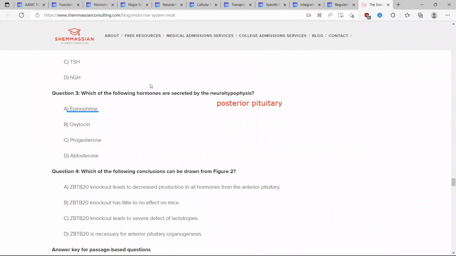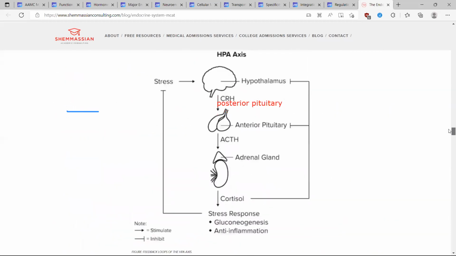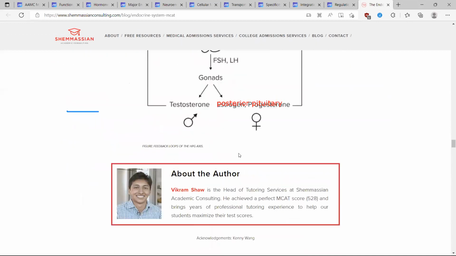So epinephrine comes from the adrenal medulla. Epinephrine and norepinephrine come from the adrenal medulla. That adrenal medulla is stimulated by the anterior pituitary by the ACTH hormone?